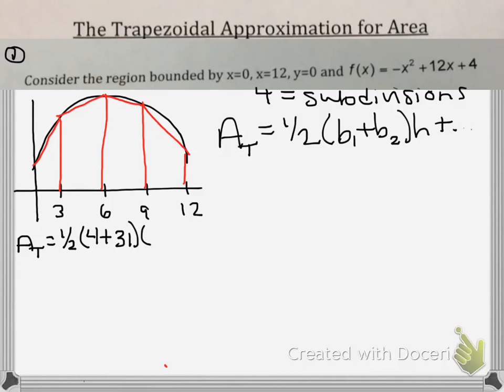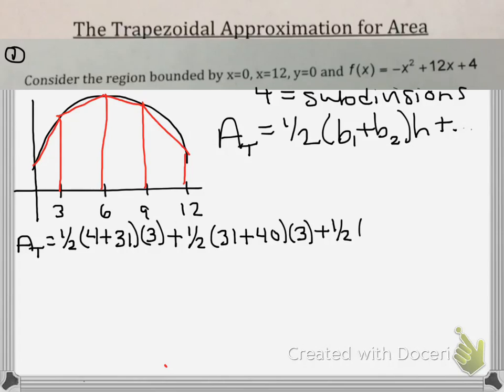The height would be the distance from 0 to 3, which is 3. That's trapezoid number 1. Trapezoid number 2, 1/2. Again, f of 3 is base 1 now, so that would be 31. f of 6, which is 40, and again, our height, which is 3.